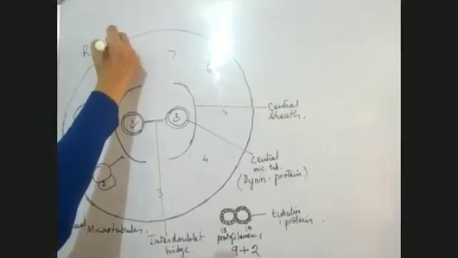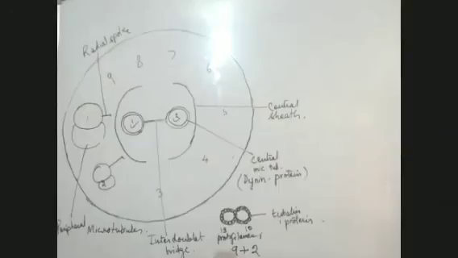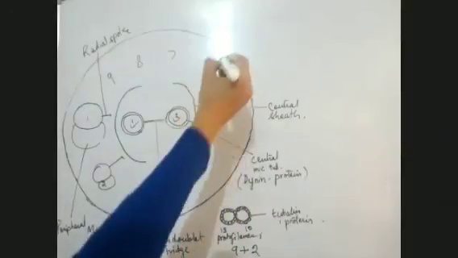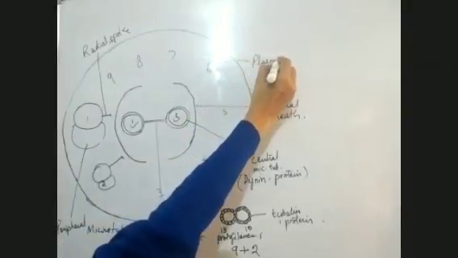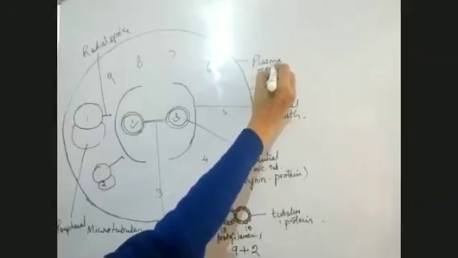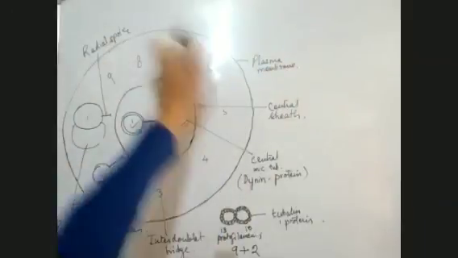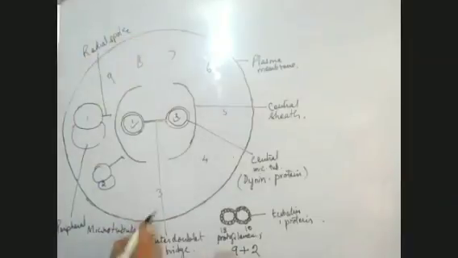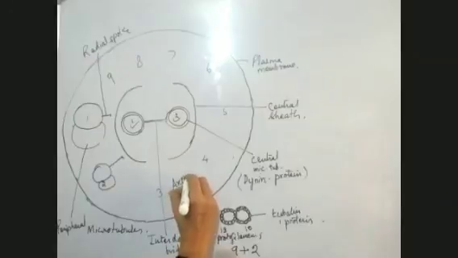And we have this, which is the plasma membrane. The outer membrane is the plasma membrane, and the structure which is inside it is known as the axoneme. The structure inside the plasma membrane is known as the axoneme.